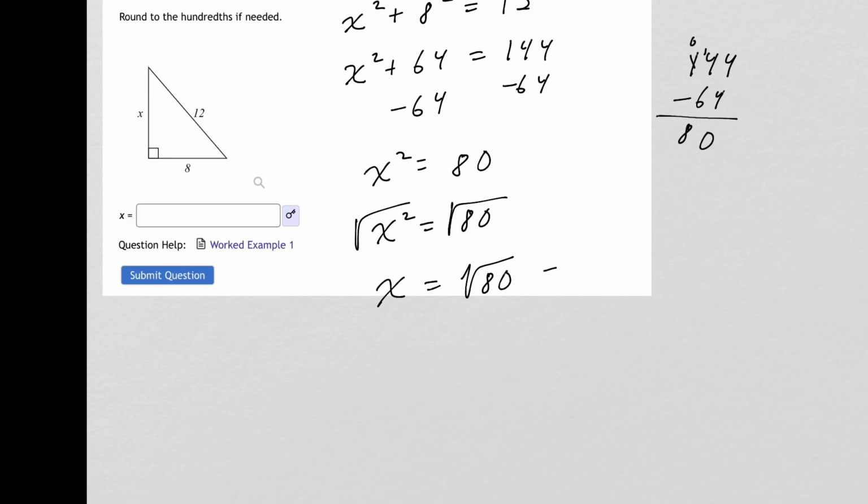So I'm getting 8.94. I have to go at least to the thousandths place, right? 4. So if I round to the nearest hundredth, then this is just going to be 8.94, right? Because if I look to the right, that is less than 5, so that stays a 4. So 8.94, and then there's no units here, so just 8.94.